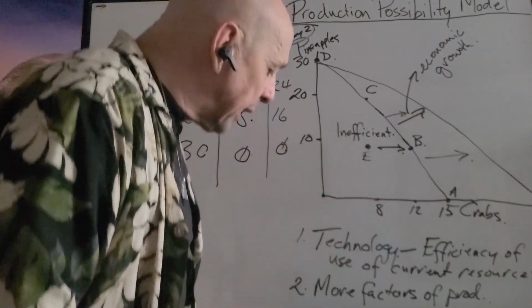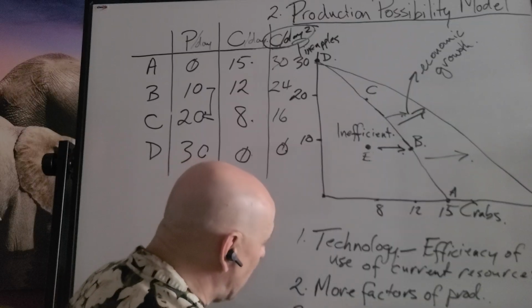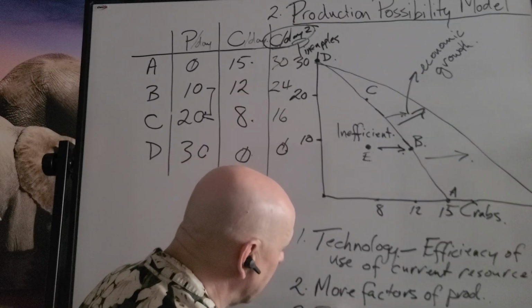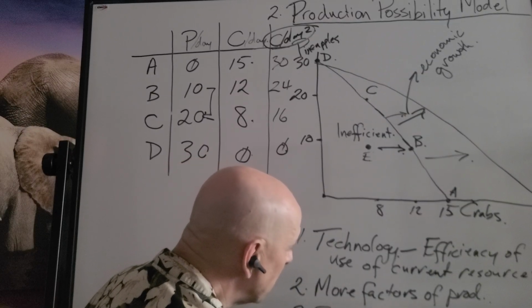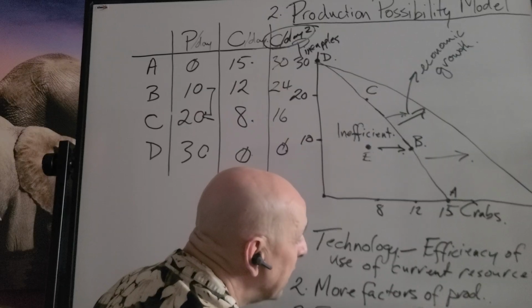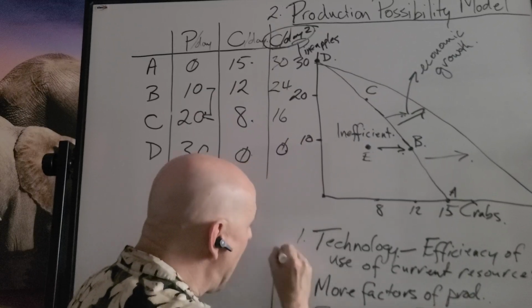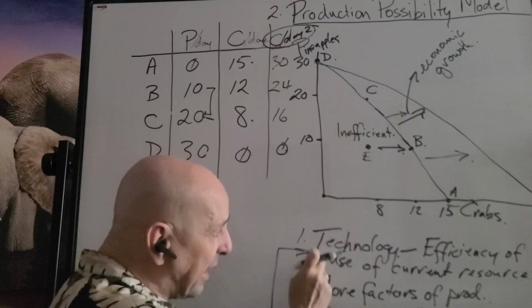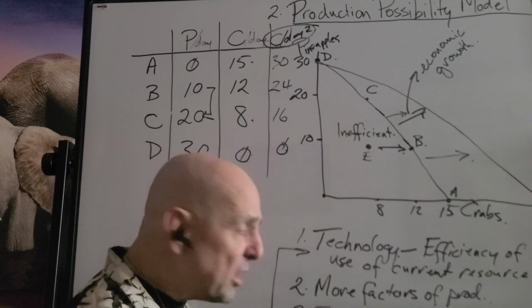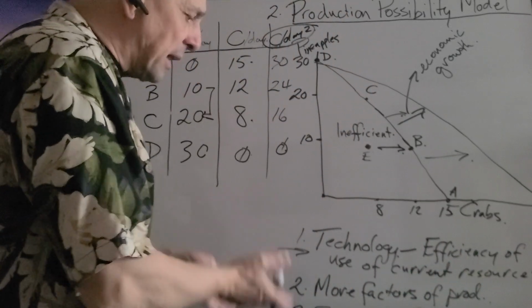And the third one I'm just going to add as sort of a side note is education and training. But you see, I consider that to be kind of like the efficiency of the use of my labor resources.